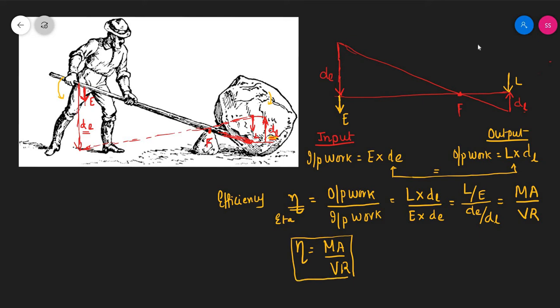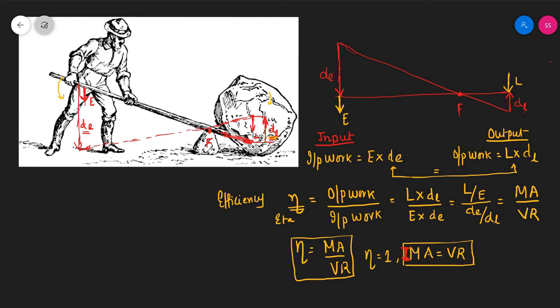If your efficiency is equal to 1, then we can say your MA is equal to VR. That's a very special case when your efficiency is 1, and usually it's better to write it as a special case. So you can write this as ideal mechanical advantage. Ideal mechanical advantage is equal to velocity ratio.